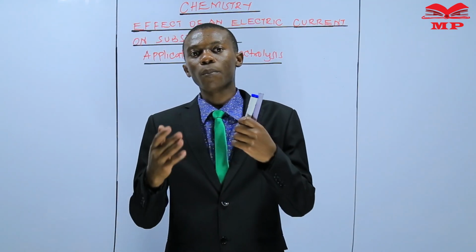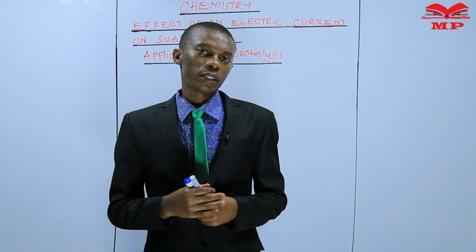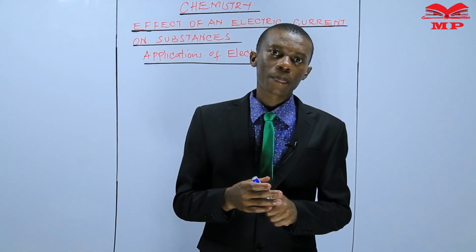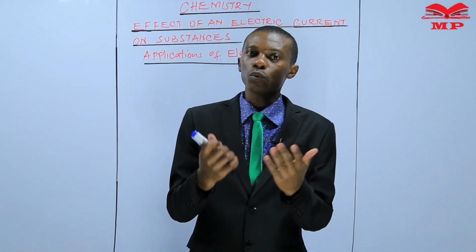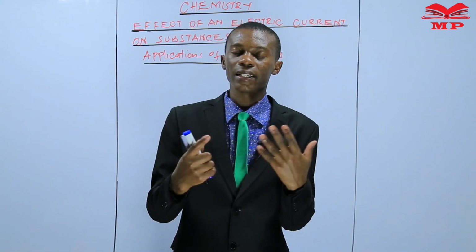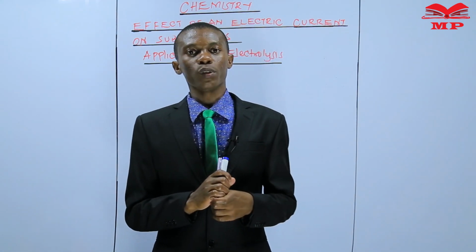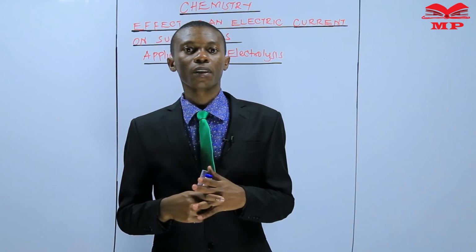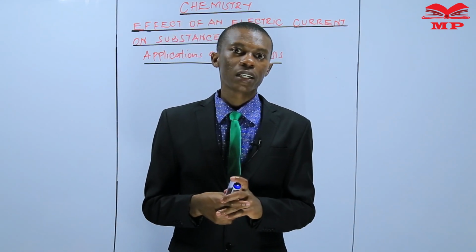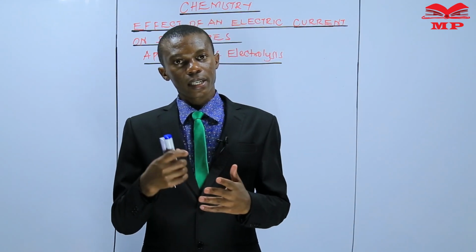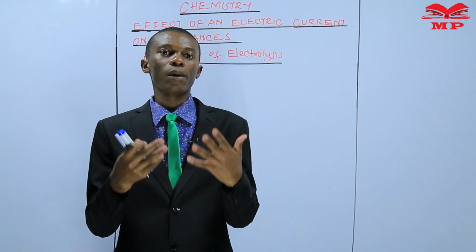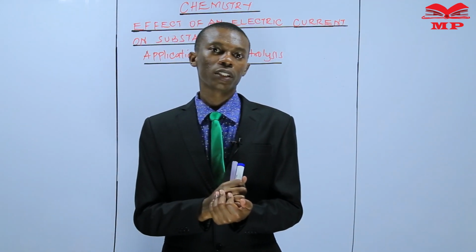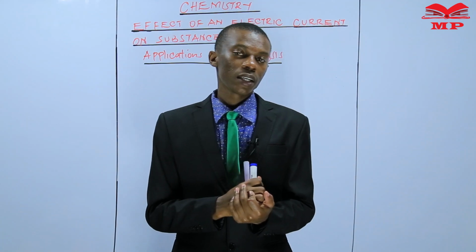And then we did examples of molten substances which, when you pass electric current, will be decomposed. These included copper 2 chloride, lead 2 bromide, lead 2 iodide. Those are some of the examples of molten compounds we did in electrolysis.